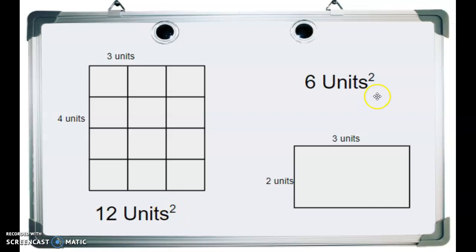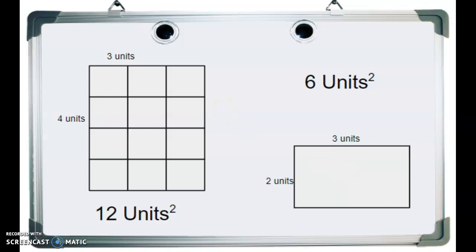And what this little 2 up here says, say it's squared, and it means how many squares could fit inside. So for this one, 12 squares could fit inside, so it's 12 units squared. This one, 6 squares could fit inside, so it's 6 units squared. That's what we'll be doing.